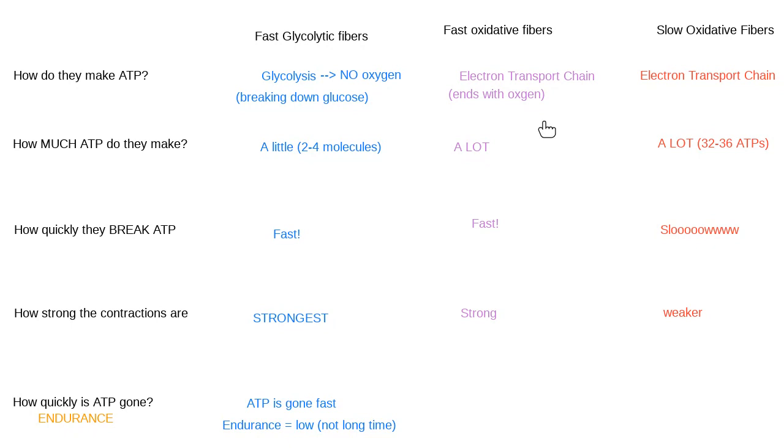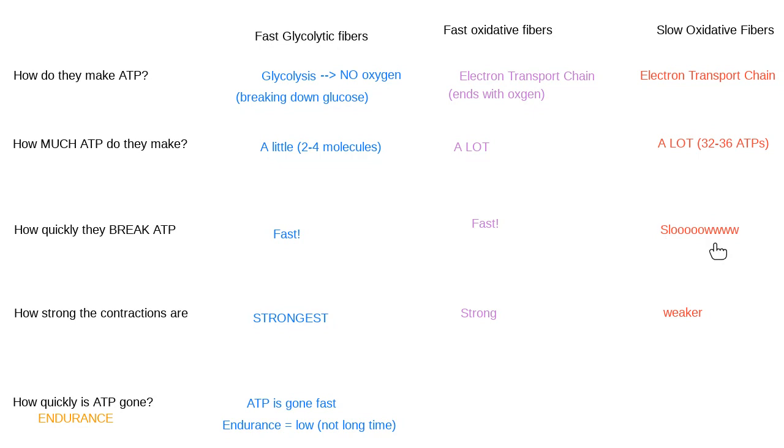Okay, two types of oxidative fibers. Jesse, I'll get to the question here in a moment. My two types of oxidative fibers that I see here, both of them build a lot of ATP, right? They're oxidative. Both of them do the electron transport chain. One of them breaks down the ATP that it makes really quickly.